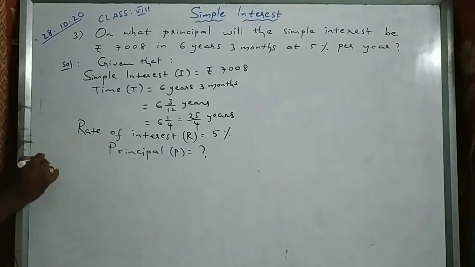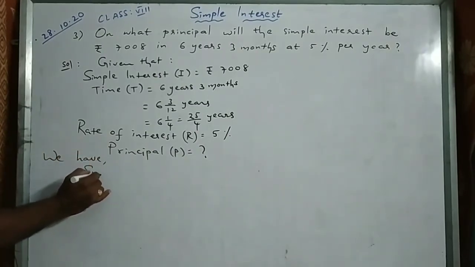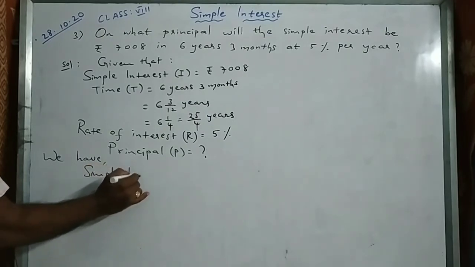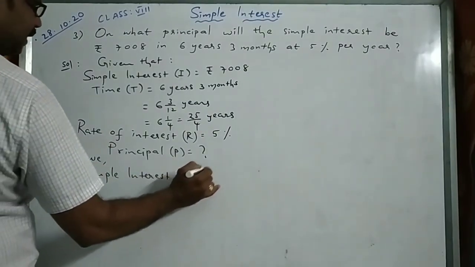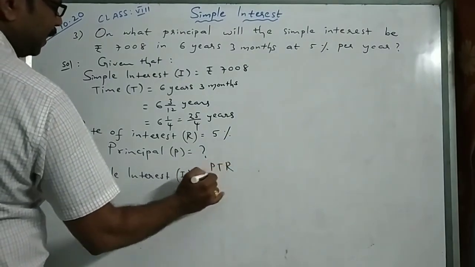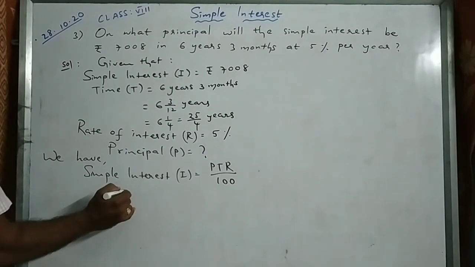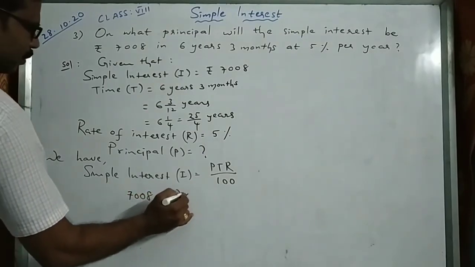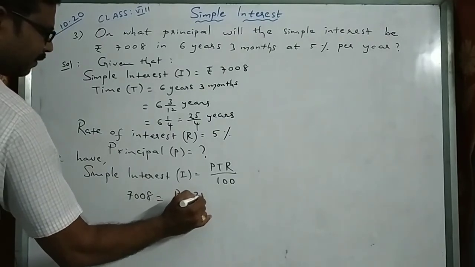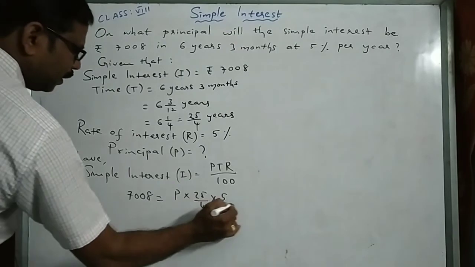Like the previous problem, we have simple interest I is equal to, what is the formula? We have PTR by 100. Interest, how much is given? 7008 is equal to P, I don't know, T value 25 by 4, R value 5 upon 100.